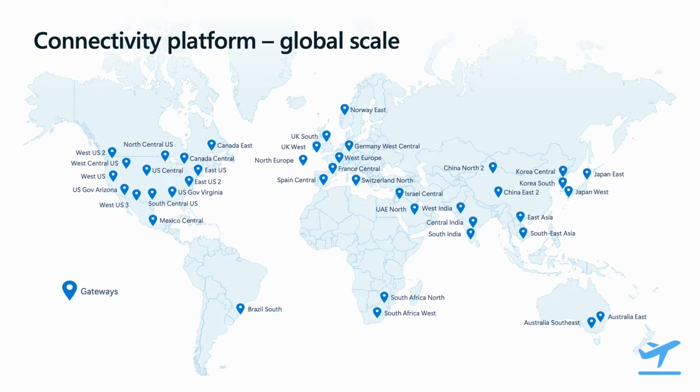Now, this is the current global estate that we operate, covering all geographies and many Azure regions. Just remember, in each of these regions, we have multiple instances working together as a truly global service. And we will continue to expand this service into new Azure regions to provide a better service for all of our users around the globe.